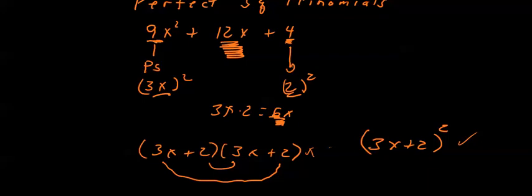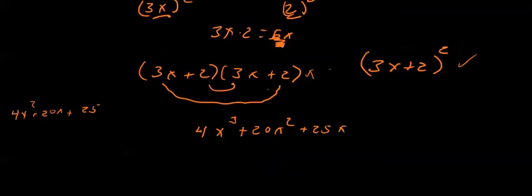All right, let's do one more quick example. All right, here's our example. 4x cubed plus 20x squared plus 25x. Greatest common factor, always looking for that, is x. 4x squared plus 20x plus 25.